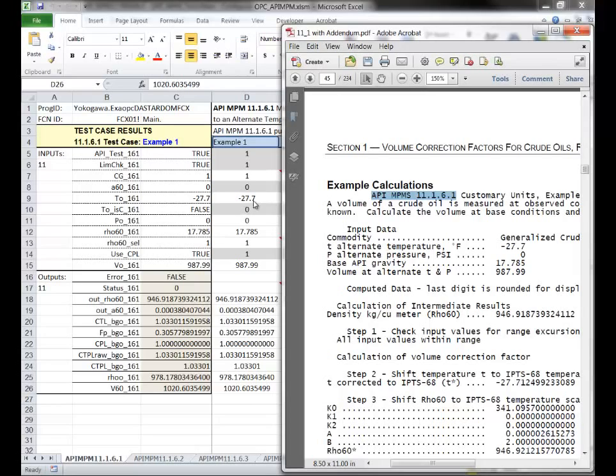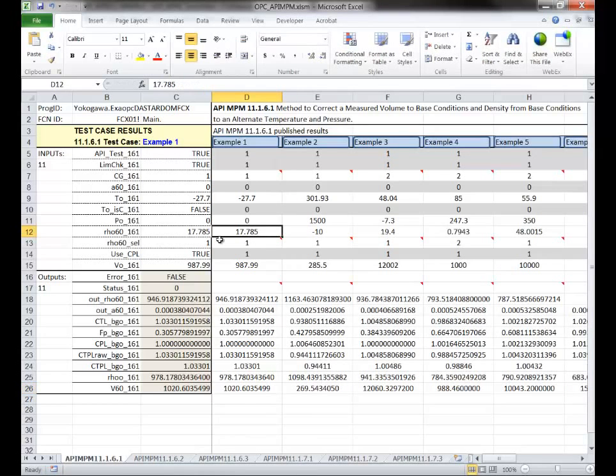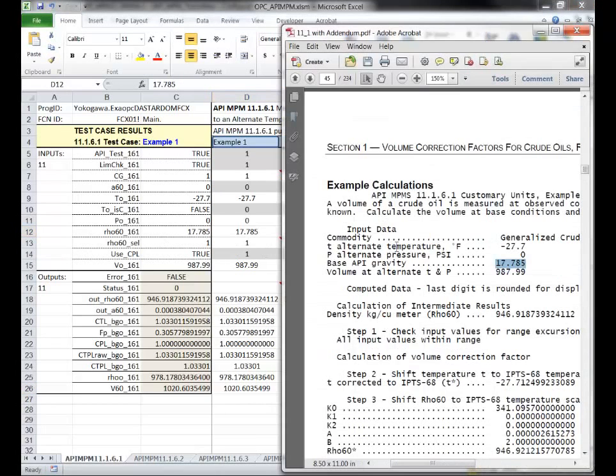That's minus 27.7 degrees Fahrenheit. And then we are asked for 0 PSI, so you can see P sub O is the 0. Then it's asking for us to input a base density in degrees API, 7.785. You can see that 7.785 is here. And then we're to input a volume of 987.99, and you can see that corresponds with that here.